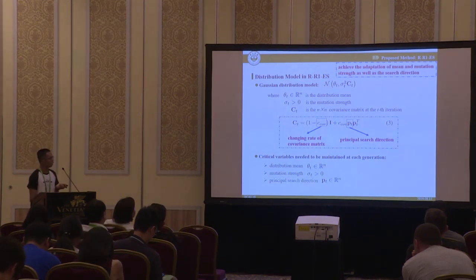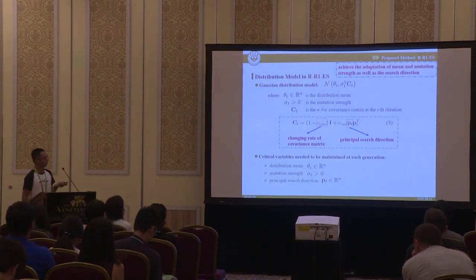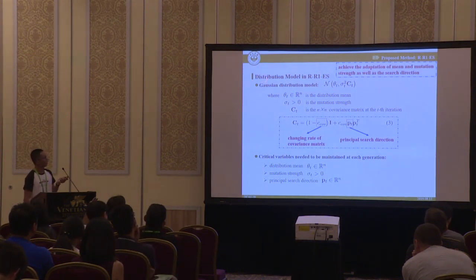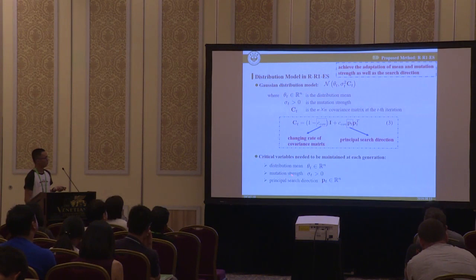In fact, this new model can help us to estimate the main search direction. To realize the new model, our proposed model needs to maintain several important variables at each generation, including these 3 ones. In this way, our proposed model can achieve the adaptation of the distribution mean, the mutation strength, and also the principal search direction.